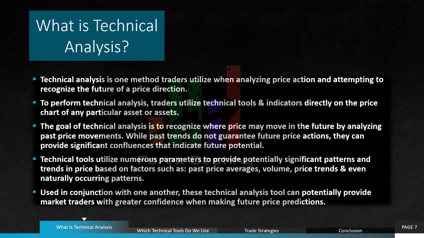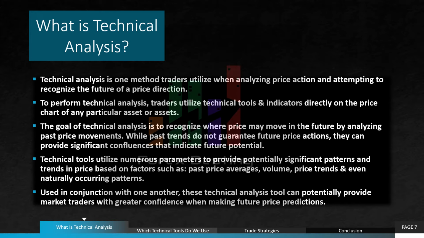The goal of technical analysis is to recognize where price may move into the future by analyzing price's past movements using technical tools. It's important for you to understand that past trends do not guarantee future price action, but they can provide significant confluences that may indicate future potential.